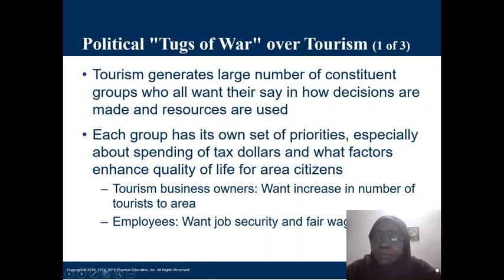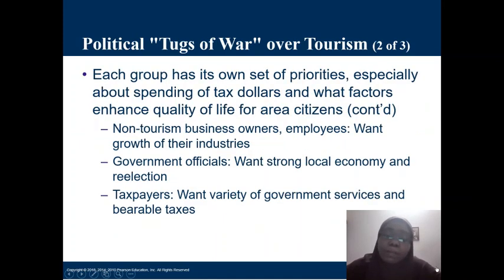We've talked about business owners, whose main interest is increasing the number of tourists to their area, since that is how they generate money, as well as the employees. Apart from them, we also have the non-tourism business owners and employees. They want the growth of their own industries too.